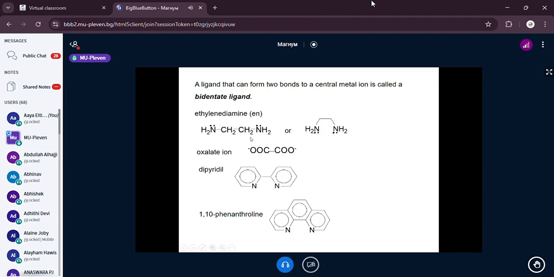Ethylene in the middle, diamine at 2 ends. This structure sometimes is written in this way, or even in formulas. There are 2 donor atoms, 2 oxygen atoms available for coordination.